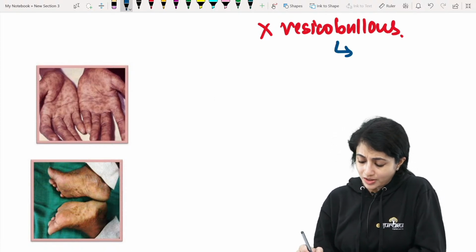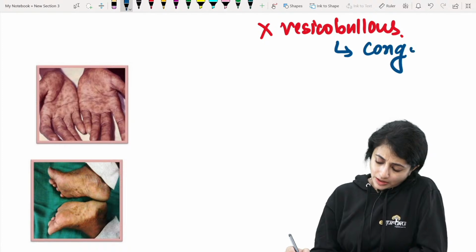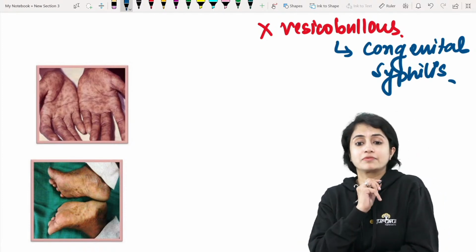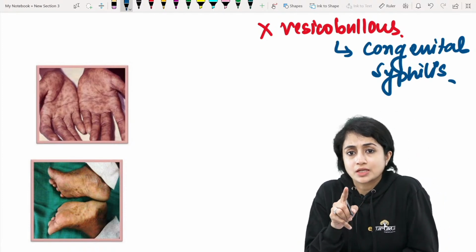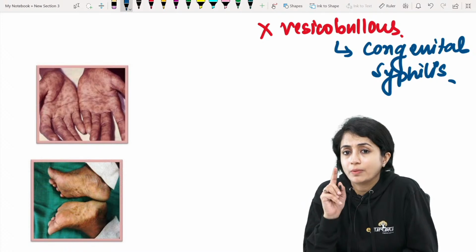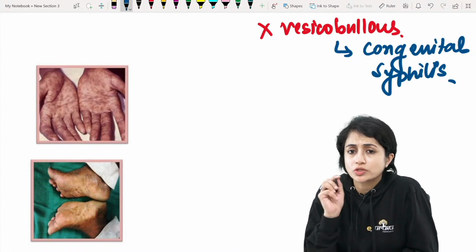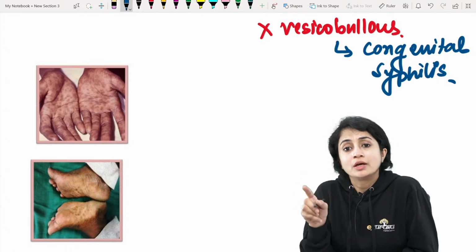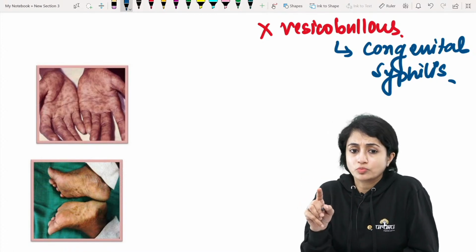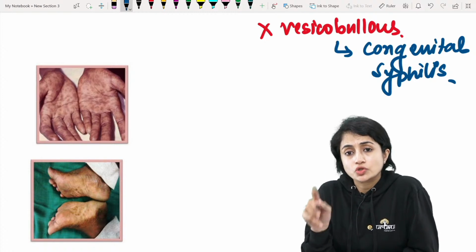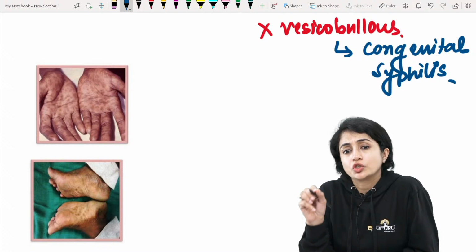Vesicobullous lesions are seen in congenital syphilis, but never in secondary syphilis. So secondary syphilis can have all morphologies. It can be macular, papular, follicular, lichenoid, corymbose, annular, any morphology, but it cannot have vesicobullous lesions. Okay, vesicobullous lesions are usually a part of congenital syphilis.